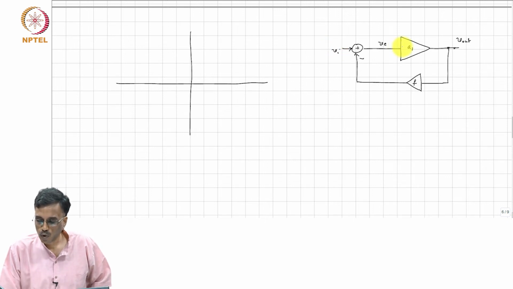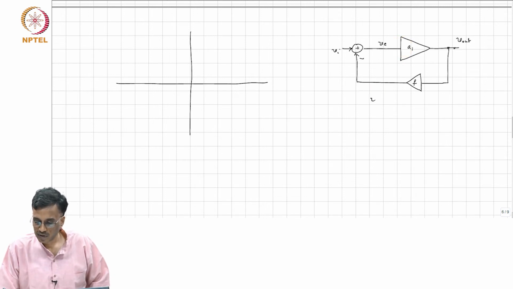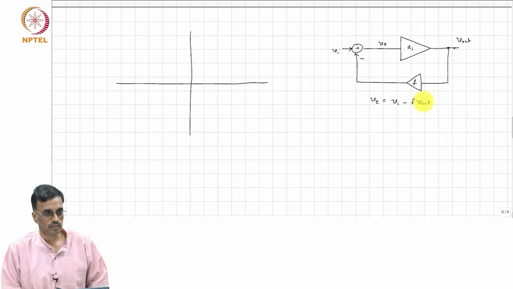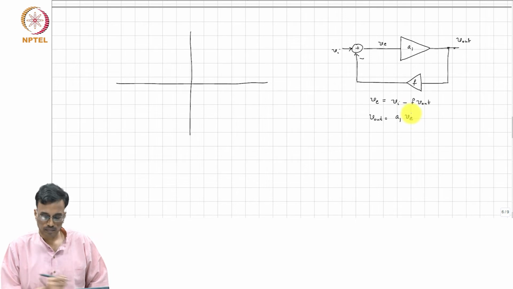So, if we wanted to find the output as a function of the input, we would basically say VE is Vi minus F times V out, and V out is nothing but A1 times VE.